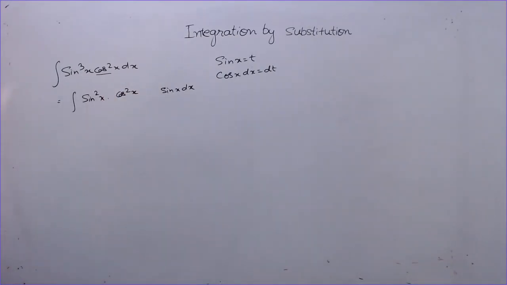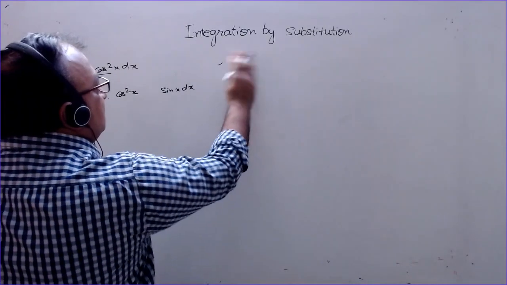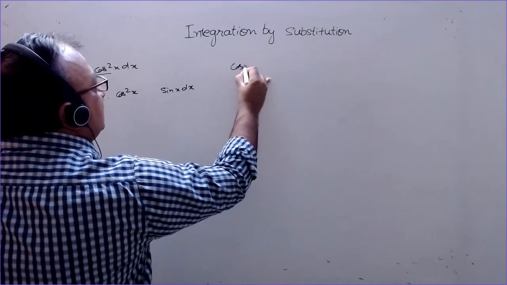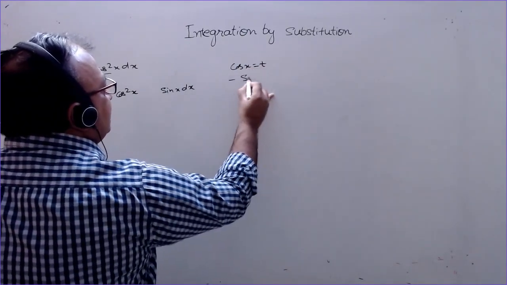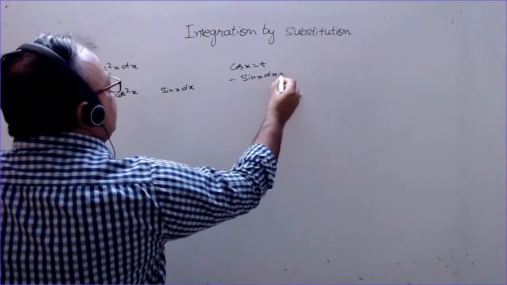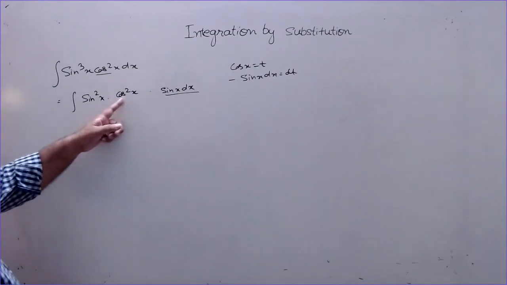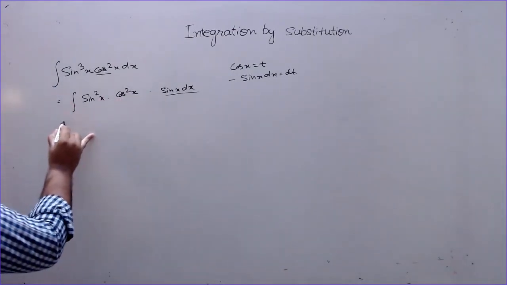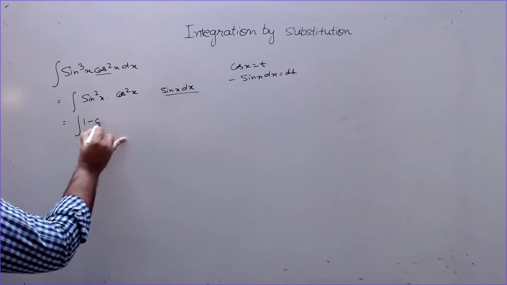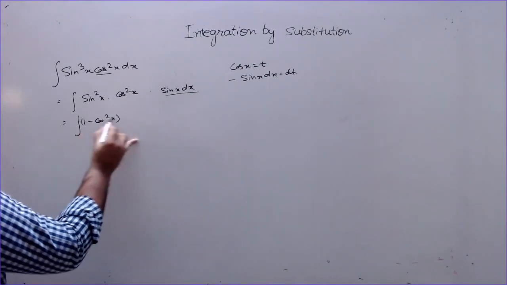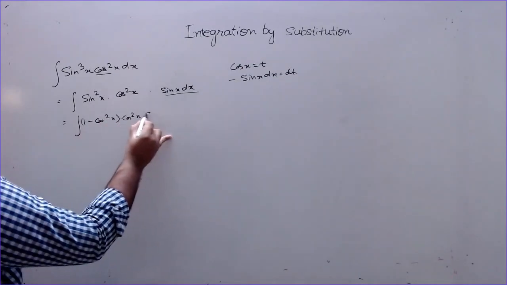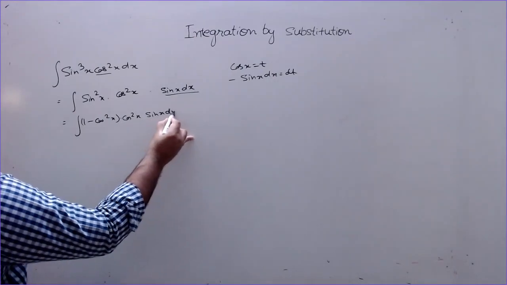So I can write cos x as t, so minus sin x dx is dt. So this will be dt, cos x is t, sin square x is equal to 1 minus cos square x, into cos square x sin x dx.